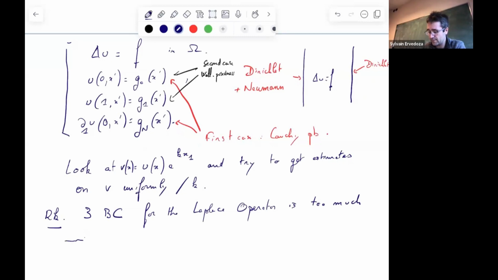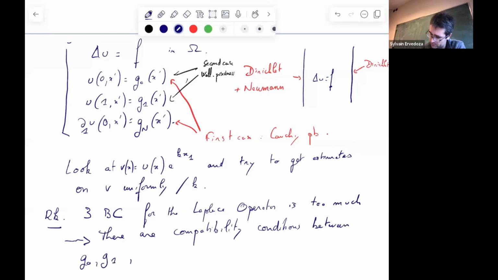So this means that there are compatibility conditions between G0, G1, Gn, and F. Okay?